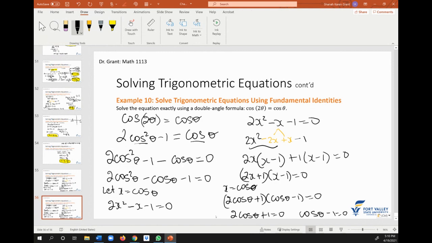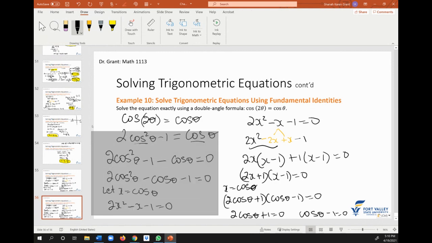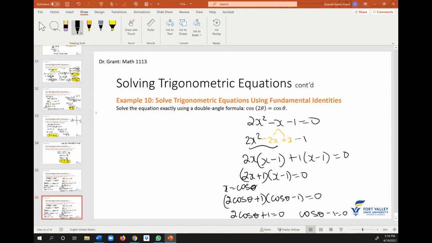So if this is the case, the first one we have 2 cosine theta plus 1 equals 0.